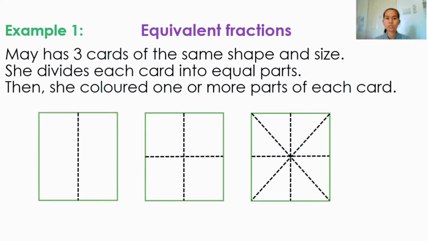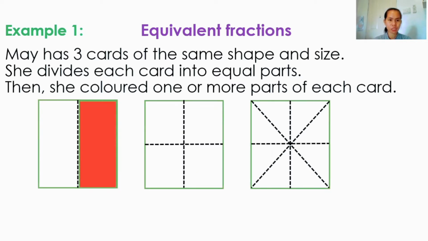Then she colored one or more parts of each card. For the first card, she colored one part. On the second card, she colored 2 parts. And for the third card, she colored 4 parts.